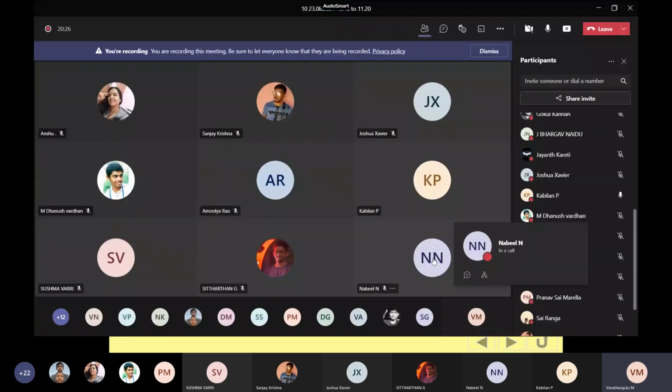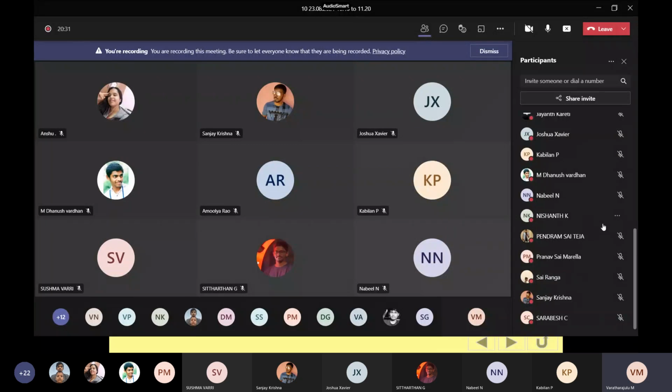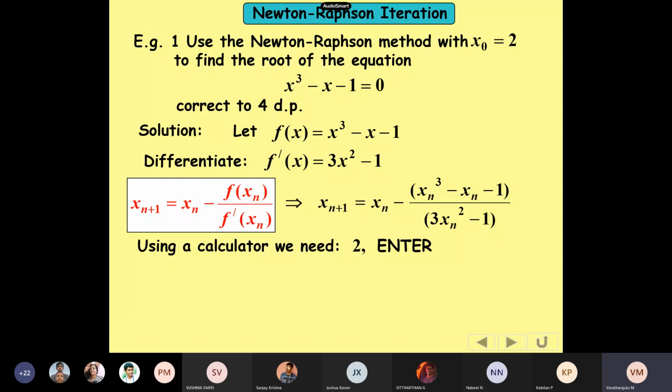Nishant, unmute your mic. Are you having your calculator? No, sir. This is negligence of duty, dear gentlemen. You are doing your numerical methods without a calculator. How is it feasible to practice these mathematical calculations?